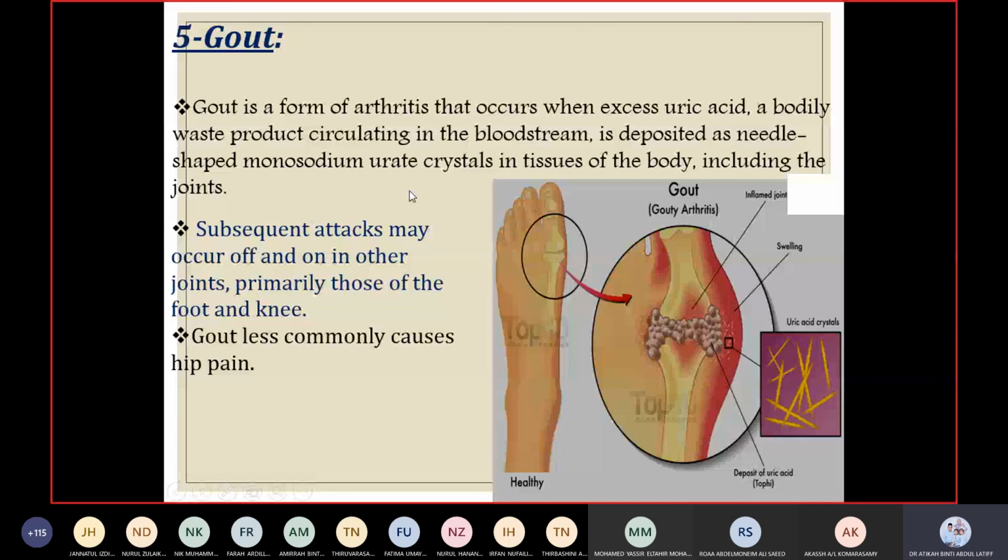In subsequent attacks, people with gout come with pain in the foot or knee, but the most commonly affected area, as I mentioned, is the big toe of the foot. This is due to the formation of uric acid crystals inside the joint, and that causes the pain and inflammation. This is mainly due to diet.